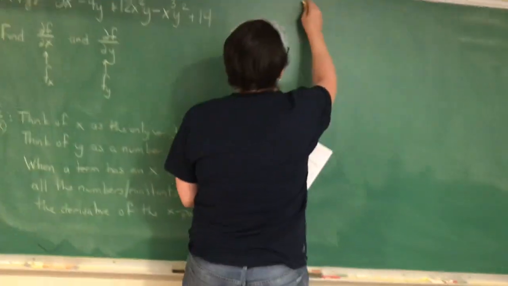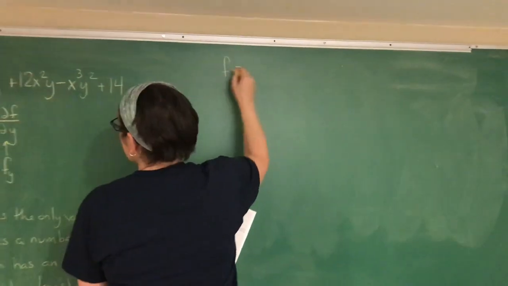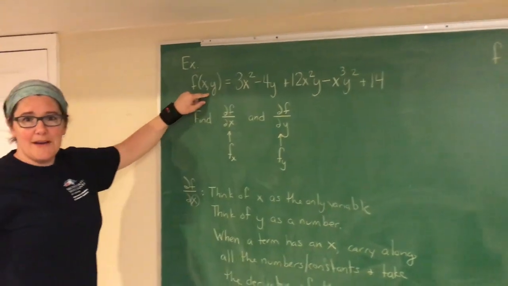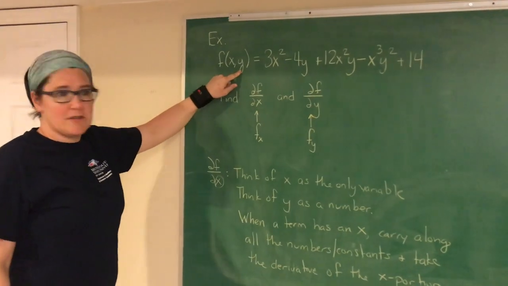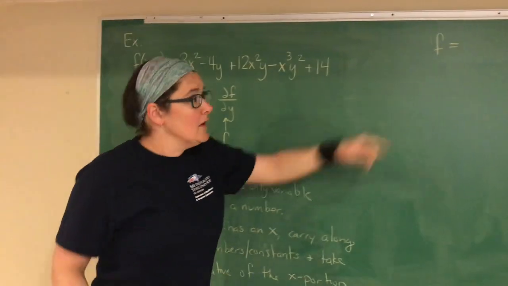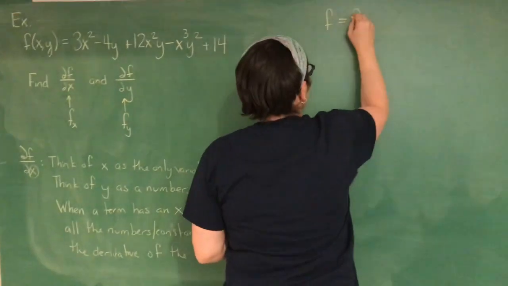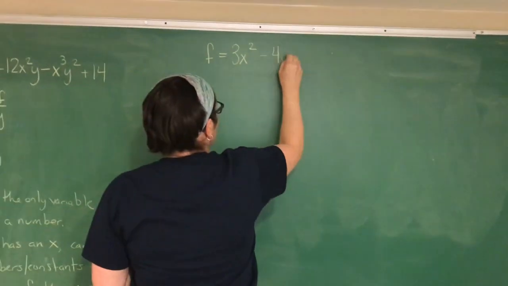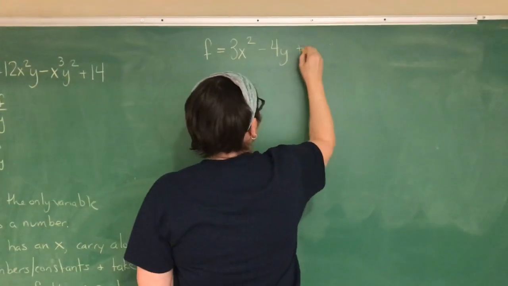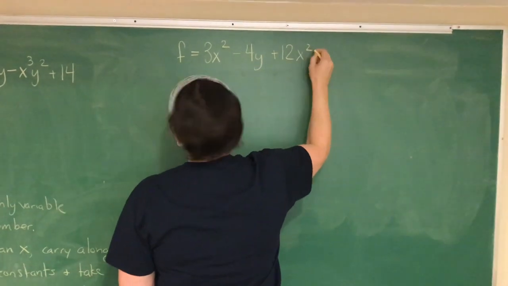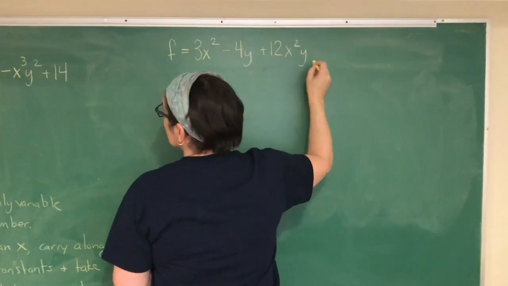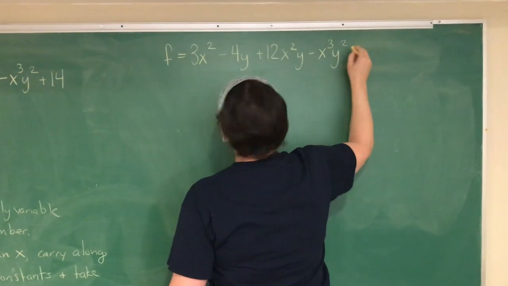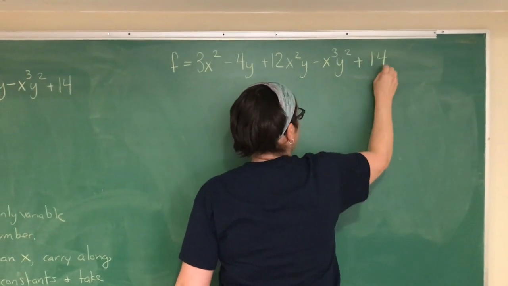Okay, so our function is f, and by the way, I'm going to get a little lazy and stop writing the f of xy and just call this f. And so our function that we wrote down is 3x squared minus 4y plus 12x squared y minus x cubed y squared plus 14.